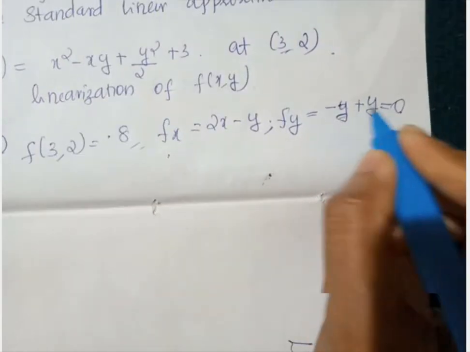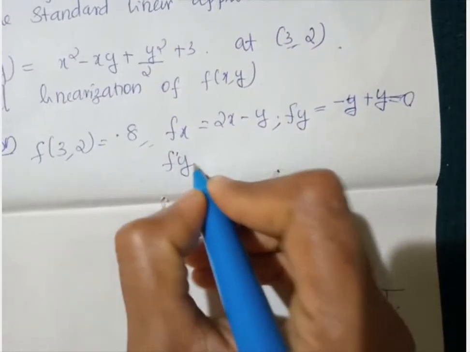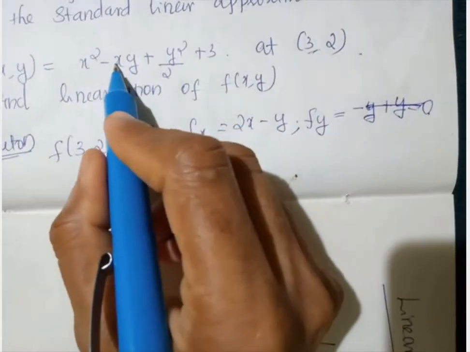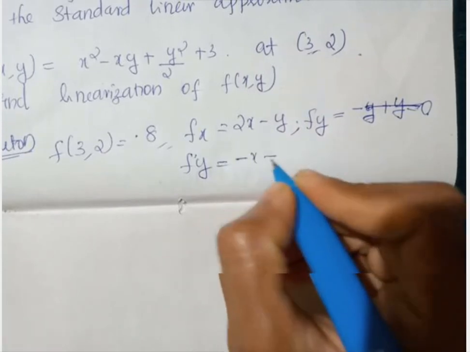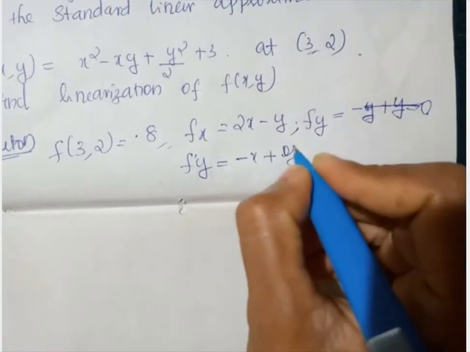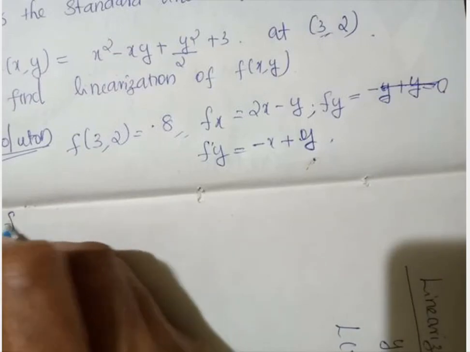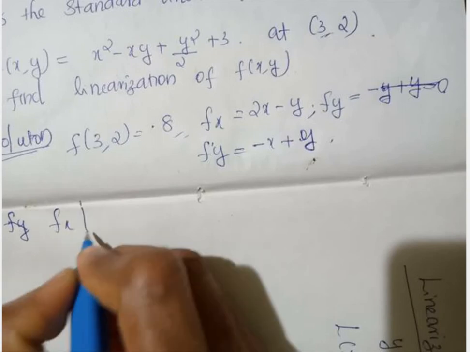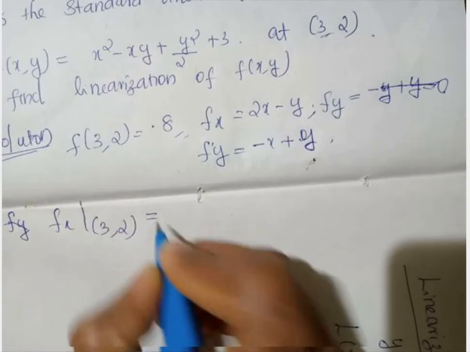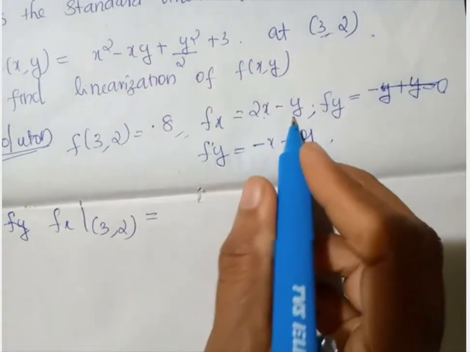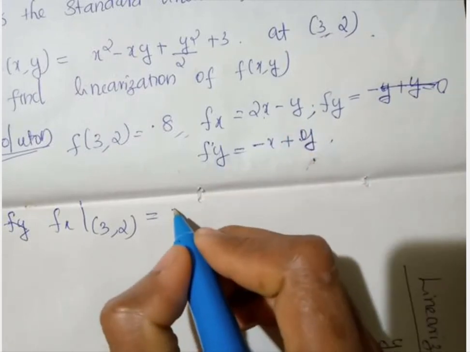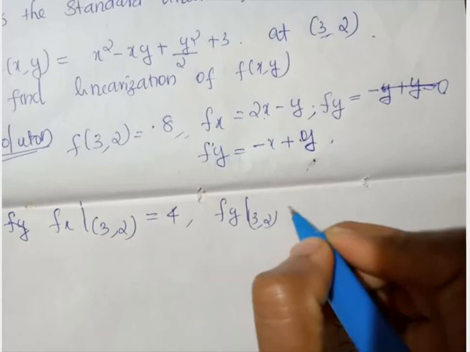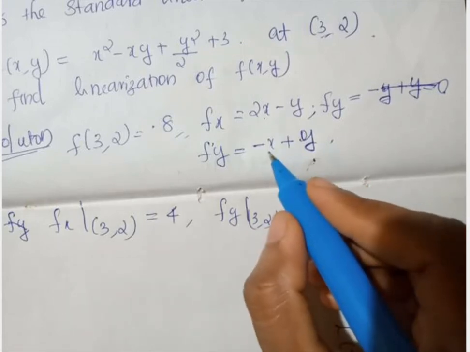What is fy? fy equal to derivative with respect to y, that is minus x plus y. So fx and fy at the point 3, 2: fx is equal to 2 into 3, 6 minus 2, that is equal to 4. fy at 3, 2 is equal to minus 3 plus 2, that is minus 1.